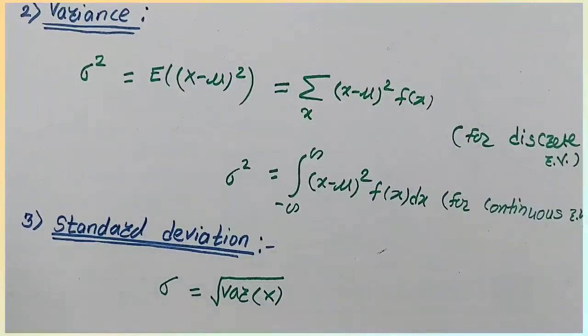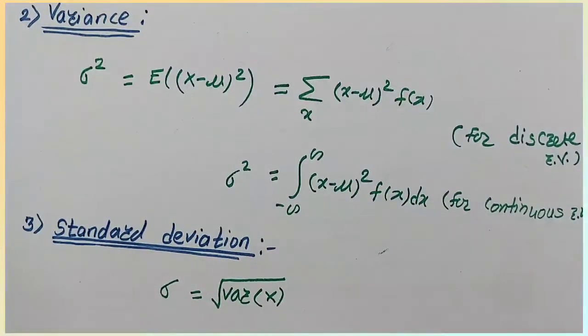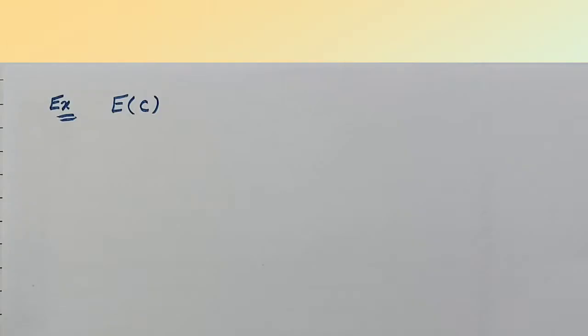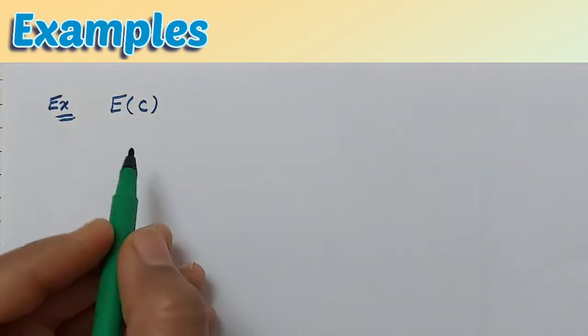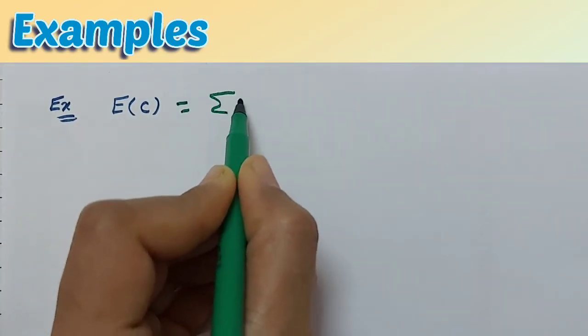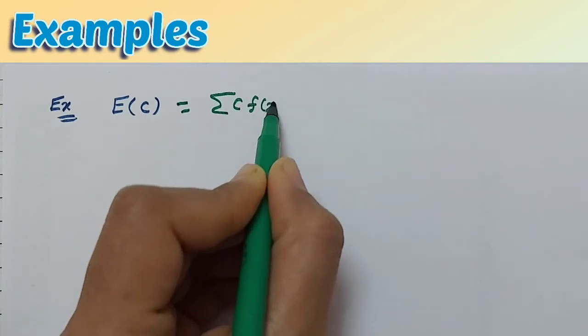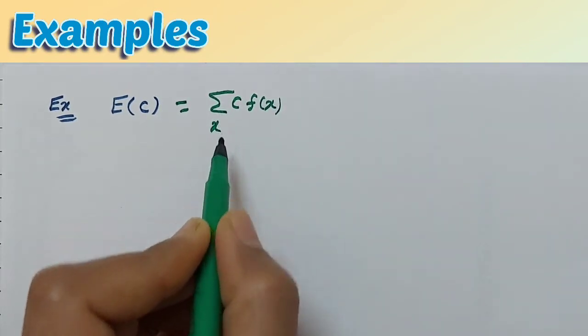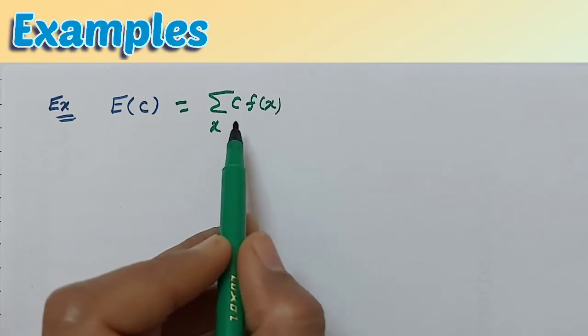Now we discuss, one by one, some important points about expectation, variance and standard deviation with the help of some examples. Suppose we want to find the expectation of some constant. By definition, if our random variable is discrete, then it is summation c into f of x over x. Now see here, c is our constant.